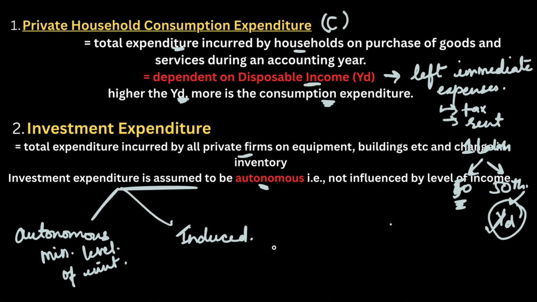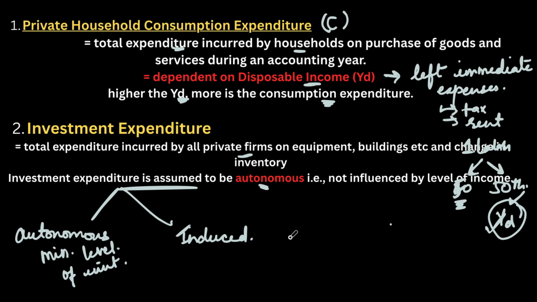For example, in a situation like COVID, people's income might fall, but they will still have to keep on consuming goods and services. So who has the responsibility of making it available in the country? The government has the responsibility of keeping that minimum level of investment in the country, so that people get what they cannot afford in a given situation. This is the autonomous level of investment, which remains independent of income.